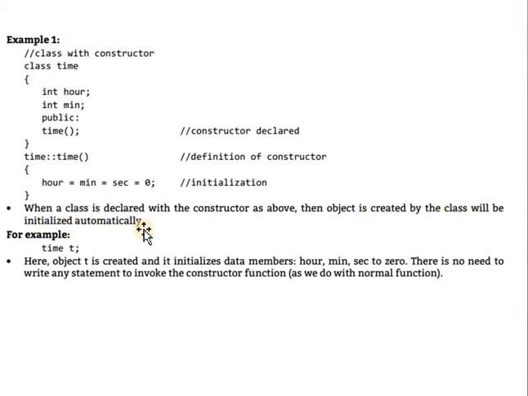For example, how do we create the object in the main function? By using the class name, and we write here the name for the object. Here the object of the Time class is created as t. Here object t is created and it initializes the data members hours, minute and second to 0.